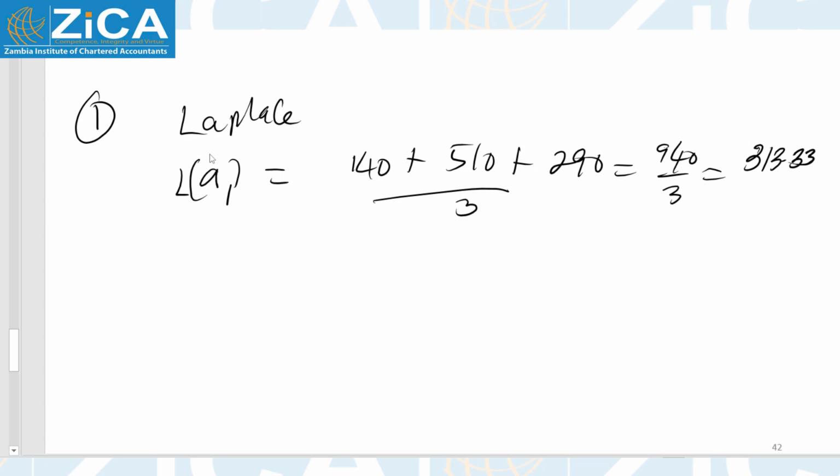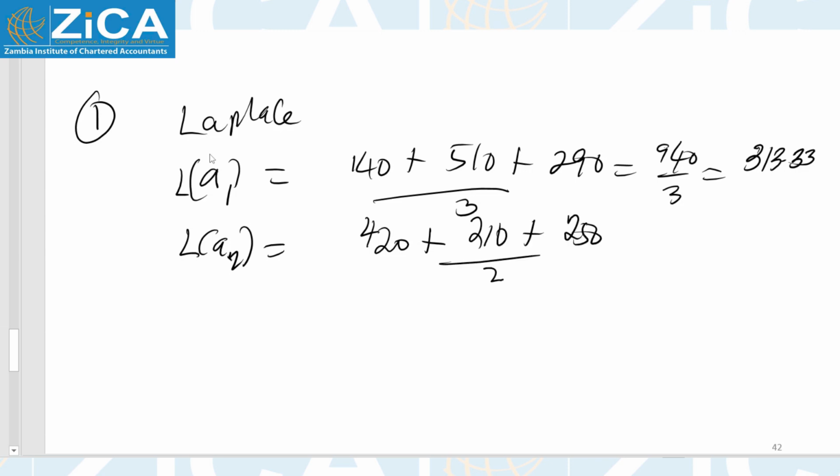If you go to oil refining, which is A2, the second action, it will be just 420 plus 210 plus 250. Divide that by 3, which is 880 over 3. And that will give you 293.33.